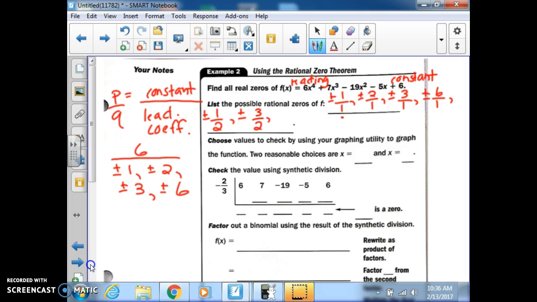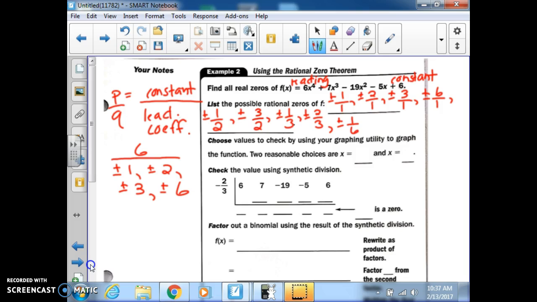All right, now we're going to move to 3, so plus or minus 1 over 3, plus or minus 2 over 3. Okay, and we don't need to put plus or minus 3 over 3 for the same reason we don't need to put plus or minus 2 over 2. It's just 1. All right, then the last one we need is plus or minus 1 over 6.